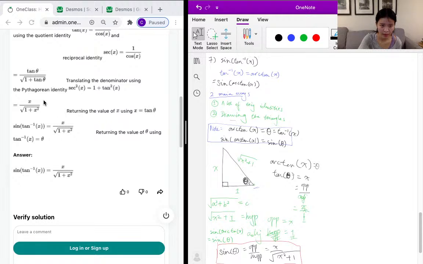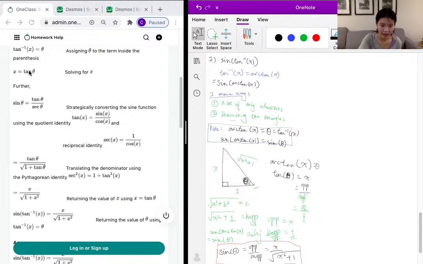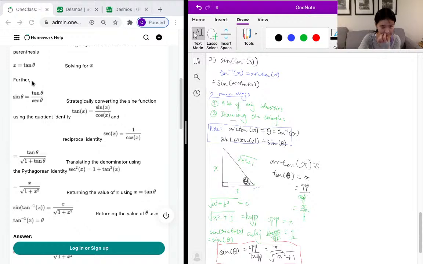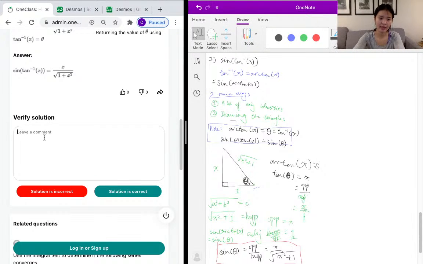Cool. And they just interchange the x here with the tan up above. Alrighty, so let's say correct solution. Good job.